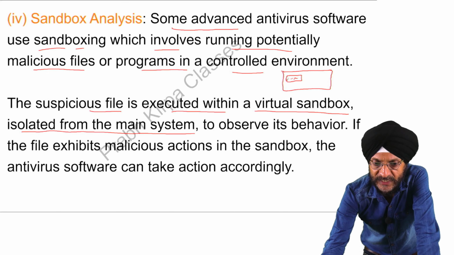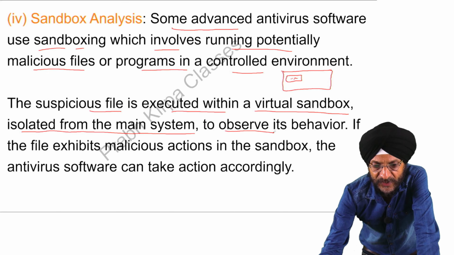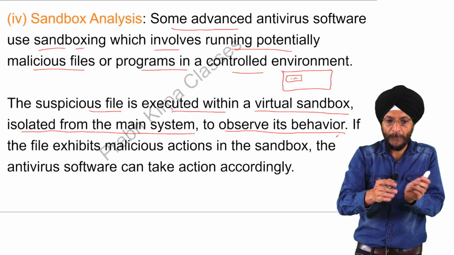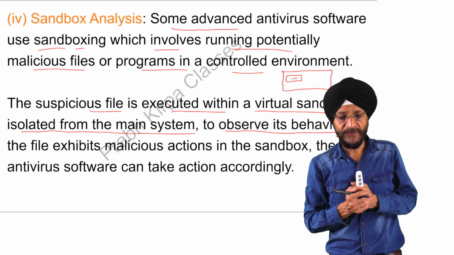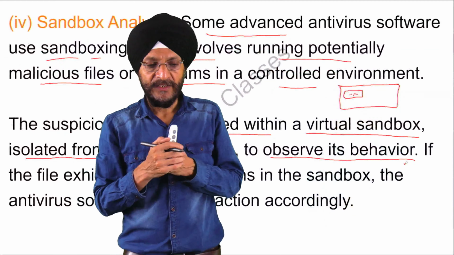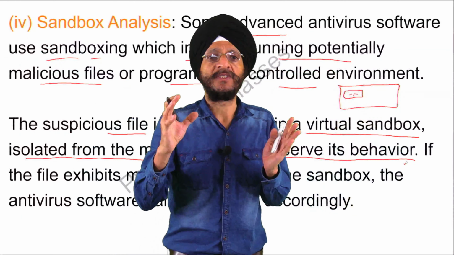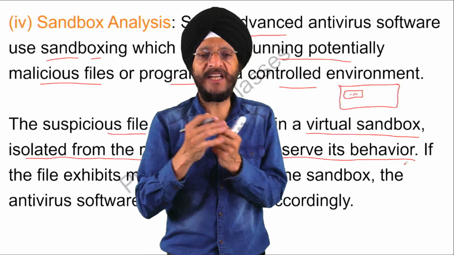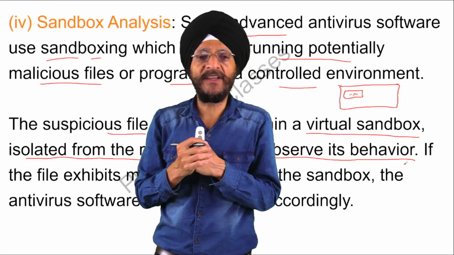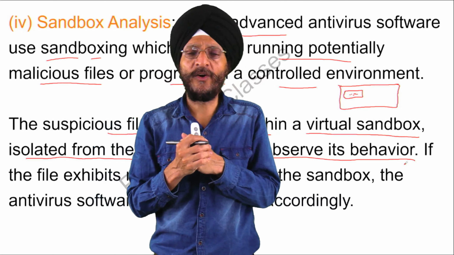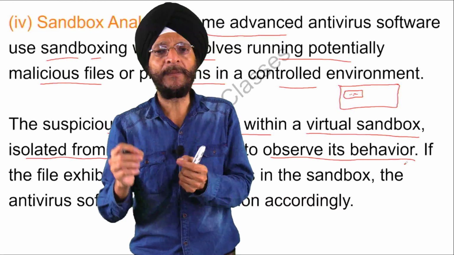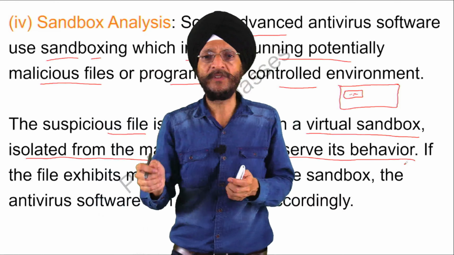Here in this virtual sandbox, the behavior of the suspicious file is observed. If the suspicious file exhibits or shows malicious actions in the sandbox, the antivirus can take action accordingly. That is, it may quarantine the file, remove the file, etc.